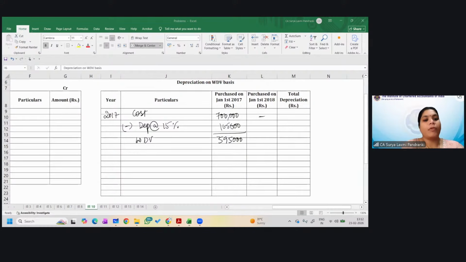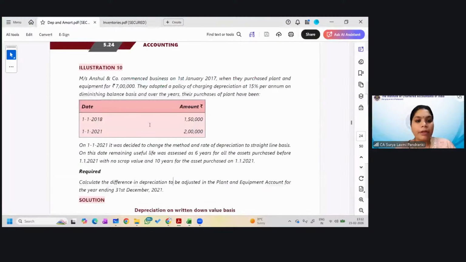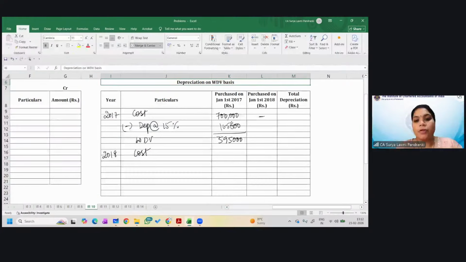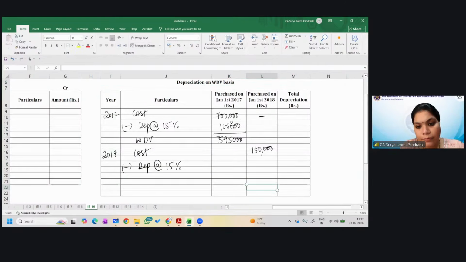Next, in 2018, there was one more machine purchased, right? What is the cost of that machine? It is 1,50,000. And minus depreciation at the rate of 15%. Calculate the depreciation for both the machines.